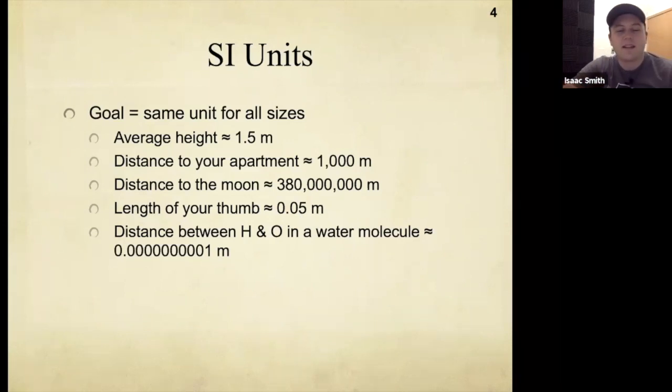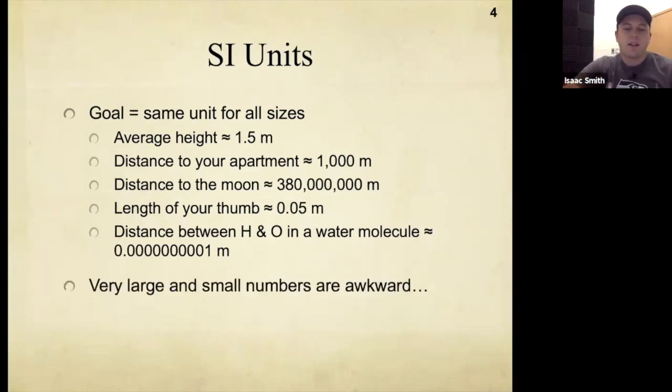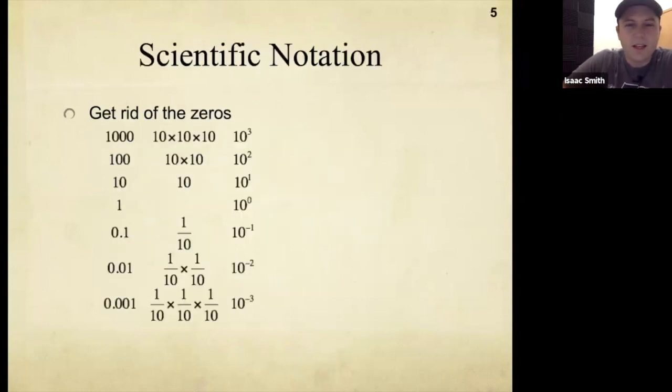Anyway, large and small numbers can get really awkward once you get out of the realm of, for example, with meters, if you go anywhere past like 1 in 100, it starts to get a little weird. And so one way to get over this is to use scientific notation.